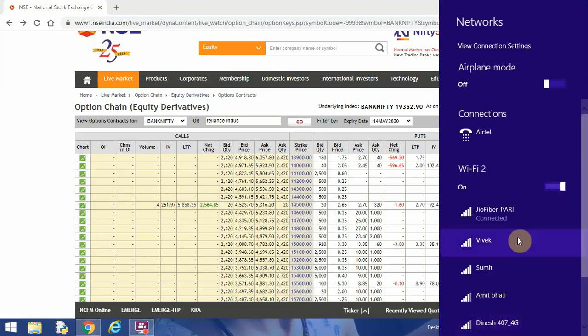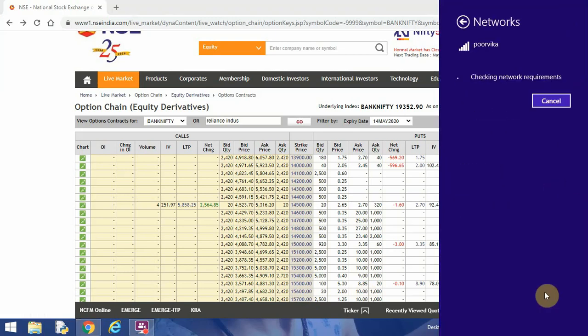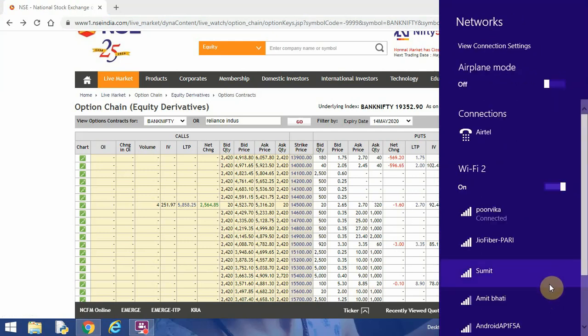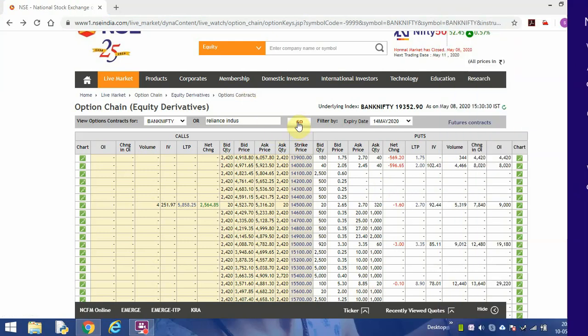So I will take Reliance Industries. Let's go there.